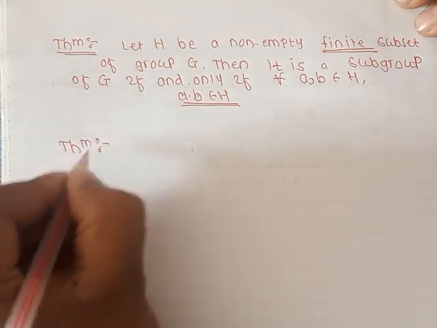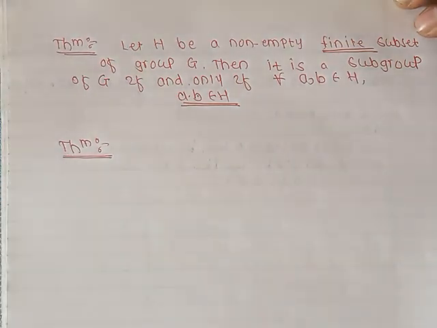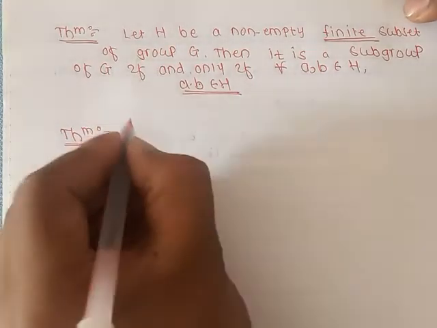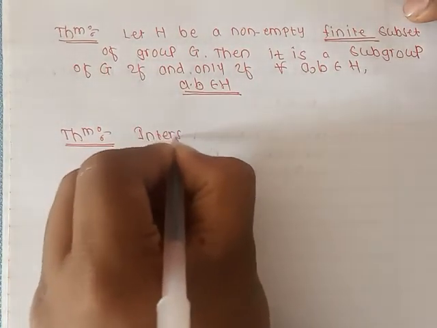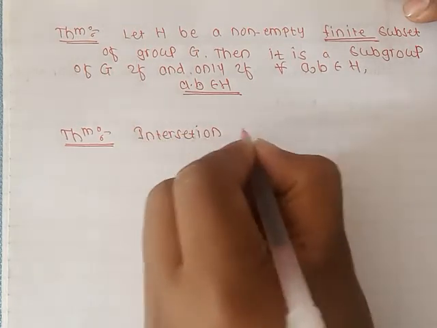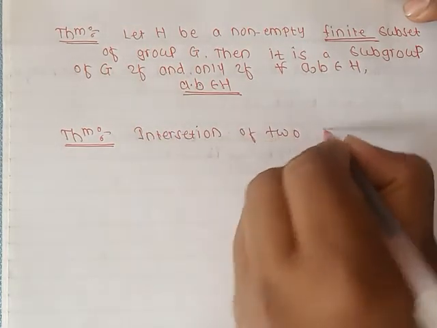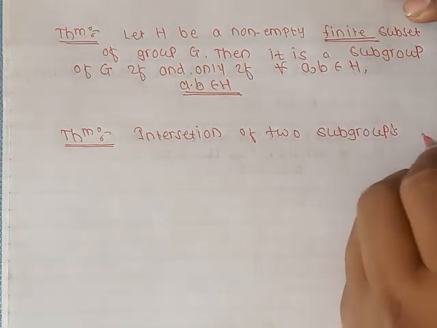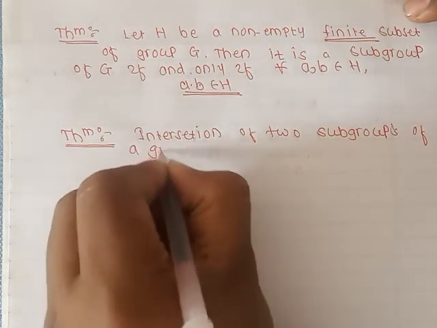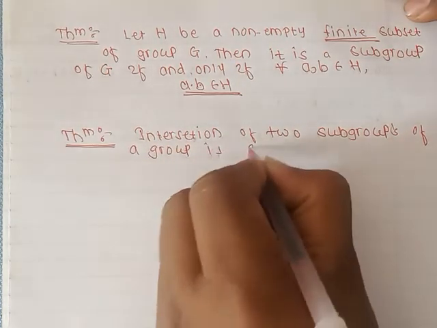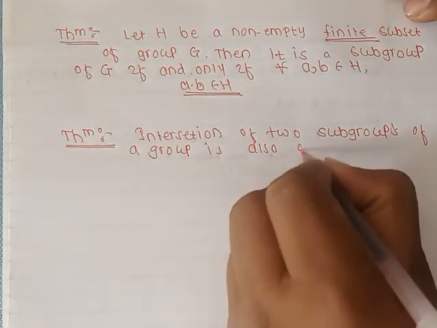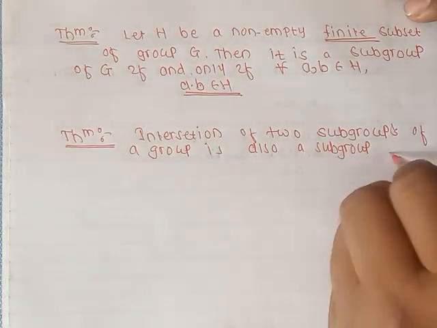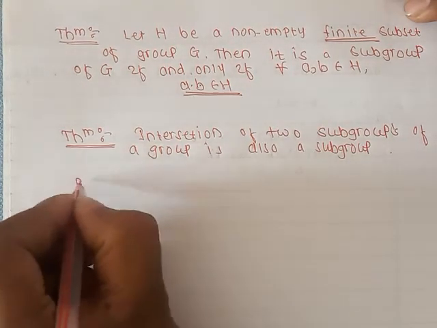Next theorem: the intersection of any two subgroups of a group is also a subgroup. Proof.